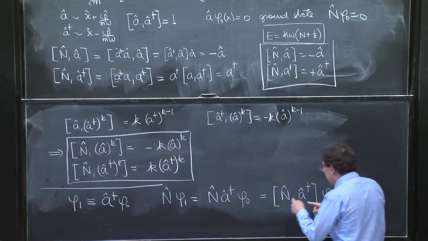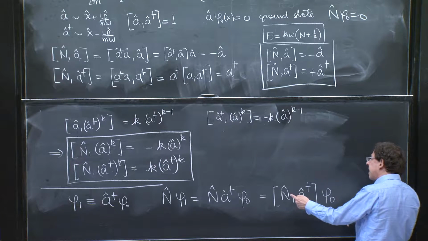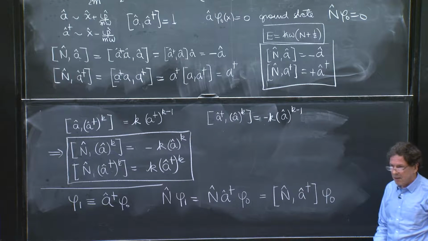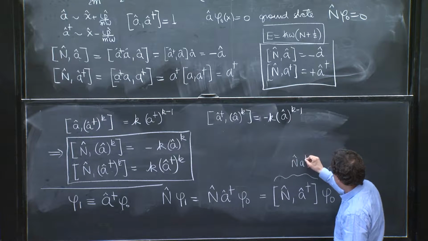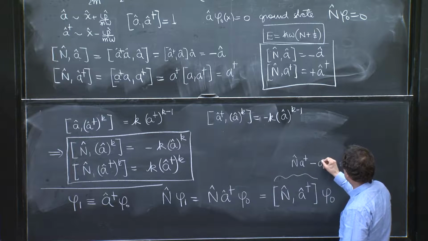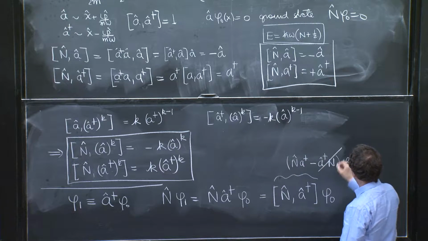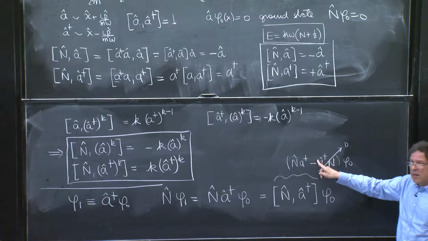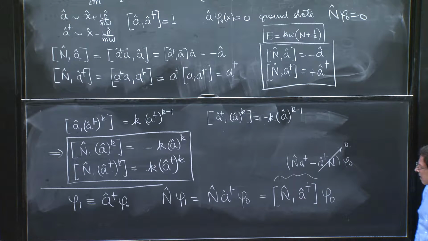The term I want, n hat a dagger, minus a dagger n hat. But the term a dagger n hat is 0 because n hat kills phi 0. So you could have put a 2 here or a 3 here or any number even, but the right one to put is the commutator, so that's this.